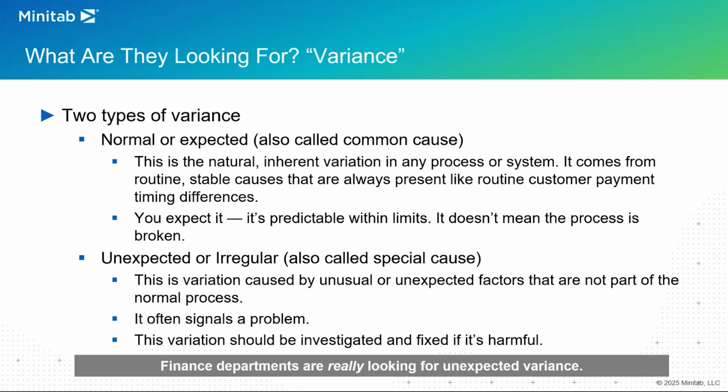With the handwriting example, if all of a sudden one signature looked terribly different, you might suspect that something changed. And that's really what finance departments are looking for: did something change unexpectedly?